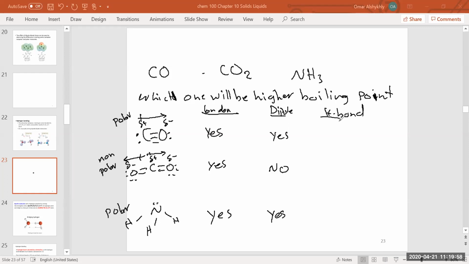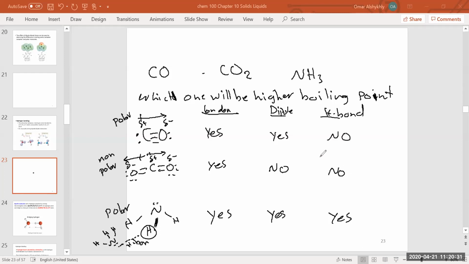Now hydrogen bond, be careful: we need a hydrogen bonded to oxygen, nitrogen, or fluorine to form a hydrogen bond. So there will be a hydrogen bond for ammonia. CO2, we don't have hydrogen, so no. CO, no hydrogen, so no.